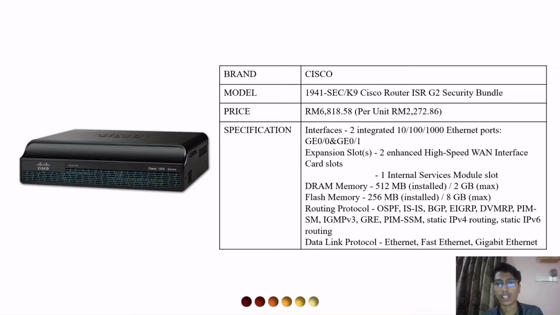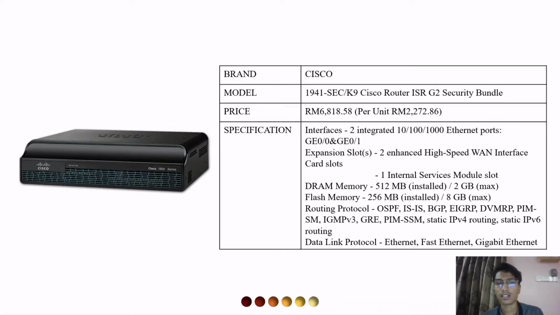We got interfaces to integrate Ethernet ports, which is Gigabit Ethernet 0/0 and Gigabit Ethernet 0/1, and we also got expansion slots, which is three expansion slots, of which two go to enhanced high speed WAN interface card slots, and another one for internal service module slot.